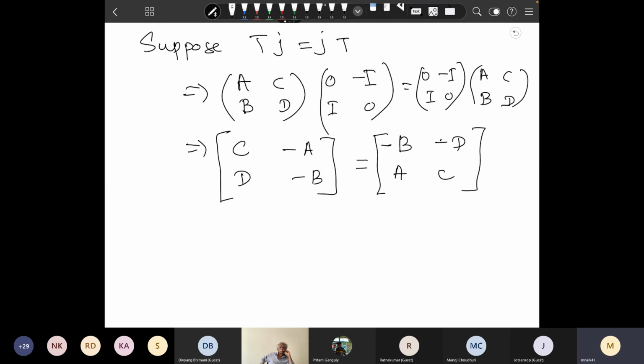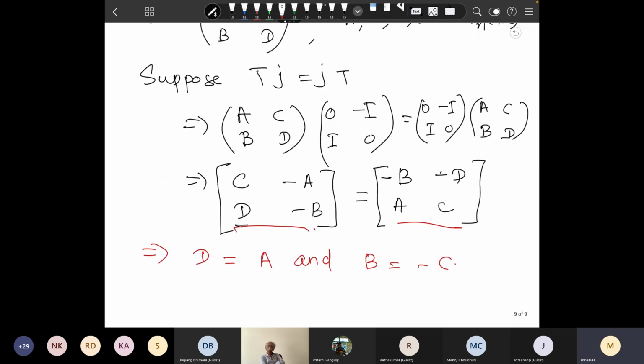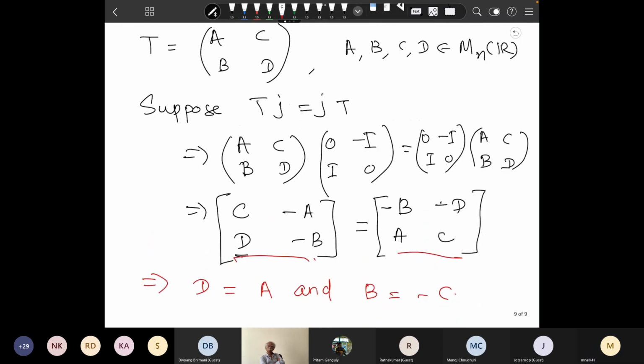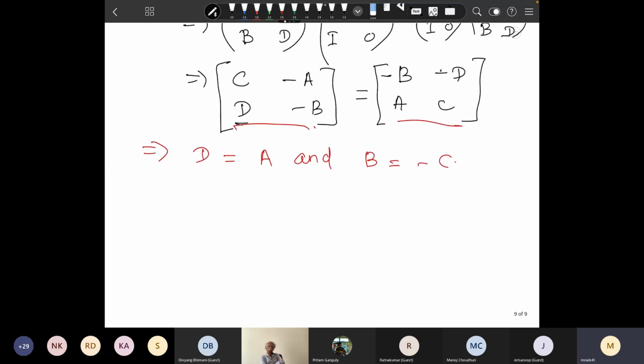If you look at this, we will get that D is equal to A and B is equal to minus C. So T has the form. If you substitute that, recall that T is equal to [A, B; C, D].